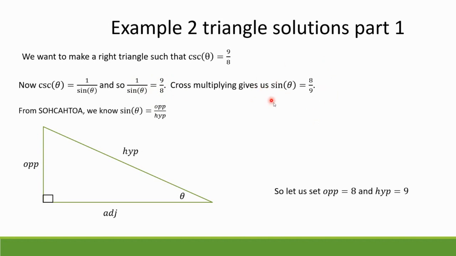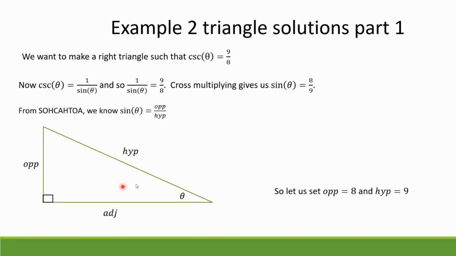Okay, that's good. Now what do we do? We know from SOHCAHTOA that sine of theta is opposite divided by hypotenuse. And we have our right triangle, and this is how the sides are labeled.